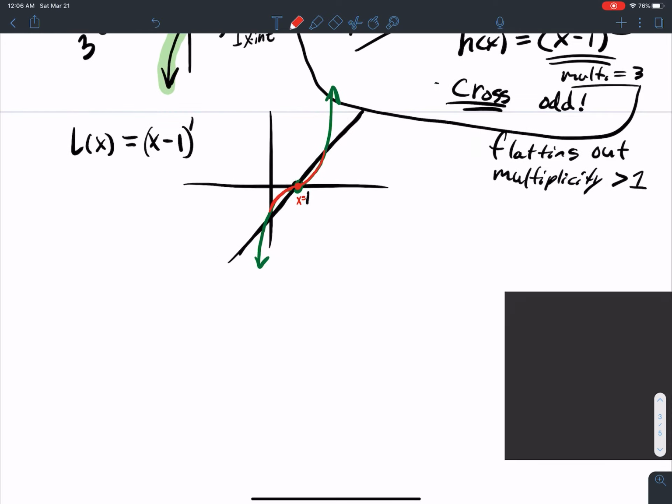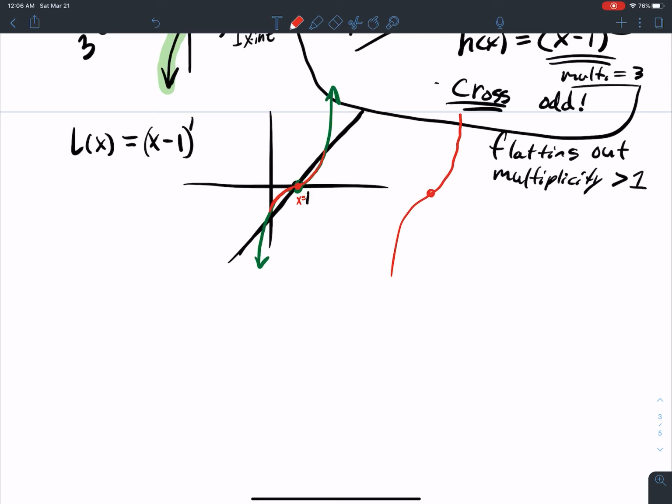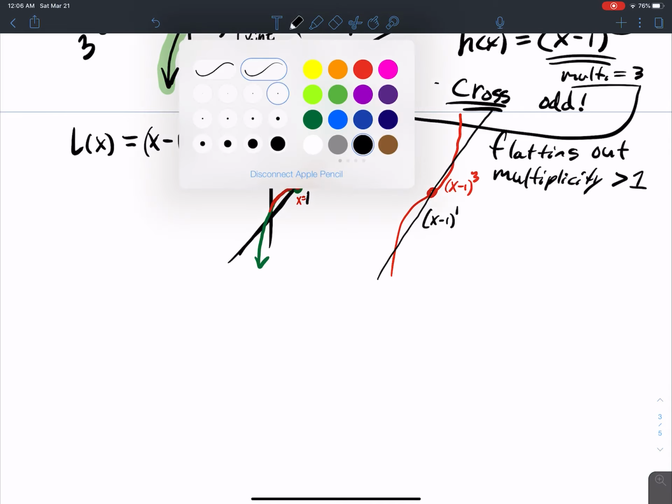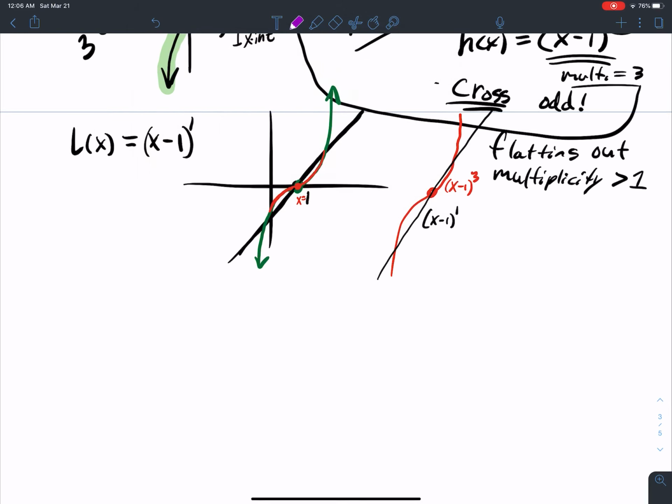So that's why you see that little bend there when you're talking about a cubic, x minus 1 cubed, versus some line that just passes straight through, like an x minus 1 to the 1. The higher the power, the more it flattens out around the solution. So if this was an x minus 1 to the 5th, that's kind of how that works, all right?